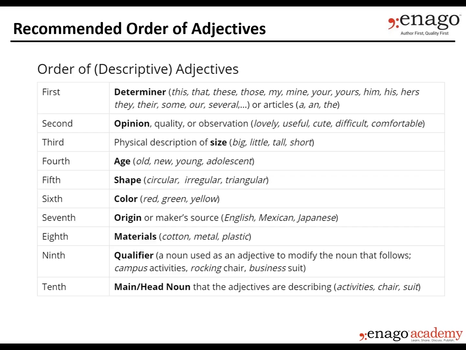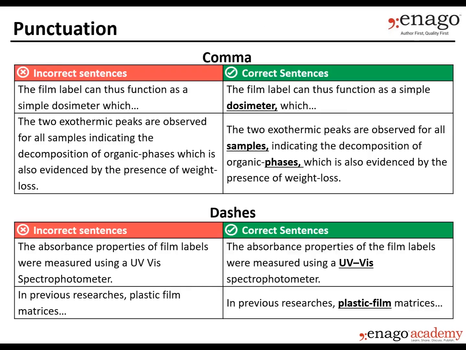Next slide, sorry. So punctuation. Again, it's important to use punctuation properly, because it can distract people from your message if you get it wrong, or in the worst instance, you can actually end up meaning something else from what you're trying to express. So for instance, if you're going to use "which," it will have a comma before it. You have to think about where you put your commas so that they separate, for instance, subordinate clauses.